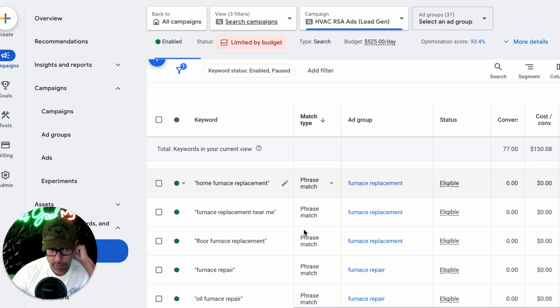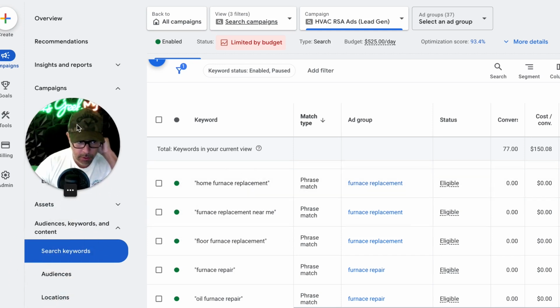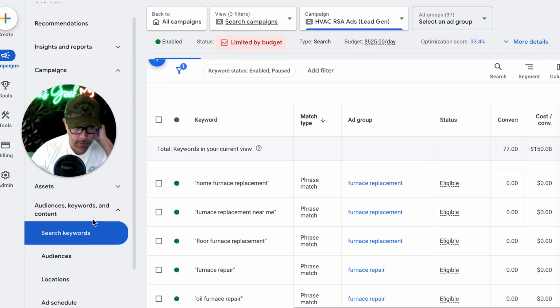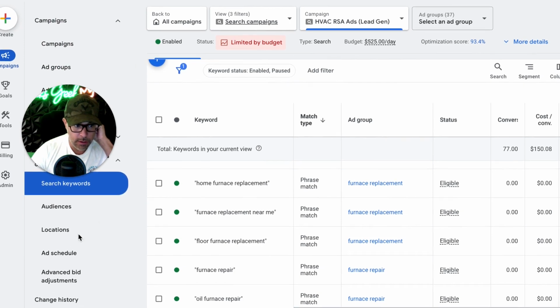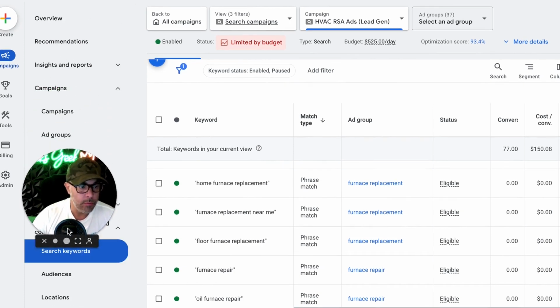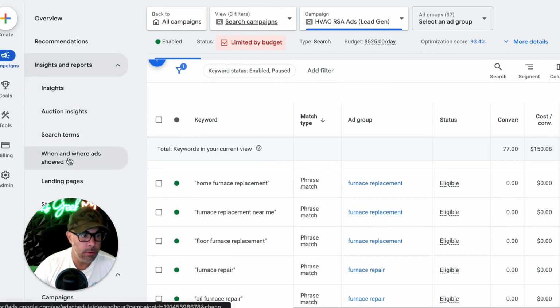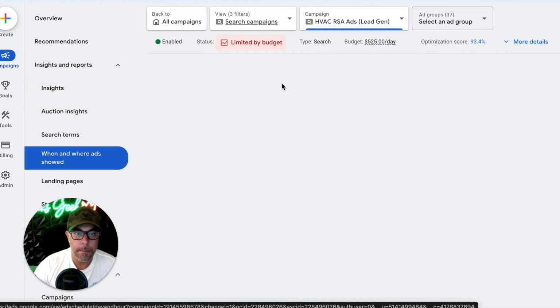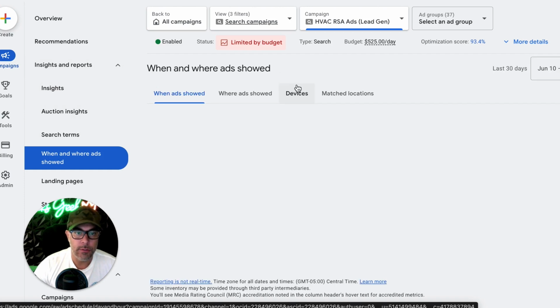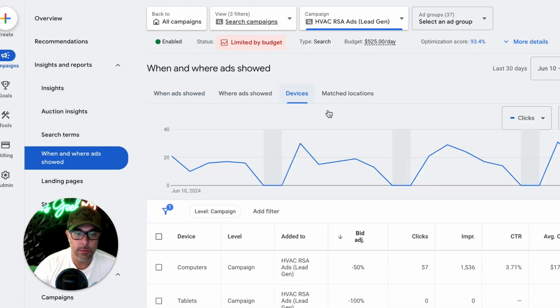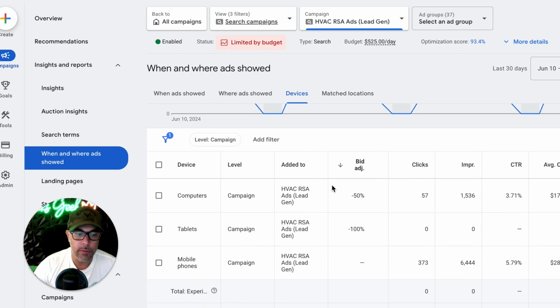Now, one more thing. I'm just curious because I haven't been in here in a while. Just hang with me while I satisfy my curiosity. I want to see what devices all these conversions are coming from. There we go. I'm curious if it's cell phones or if it's computers. Oh, here we go. Interesting.